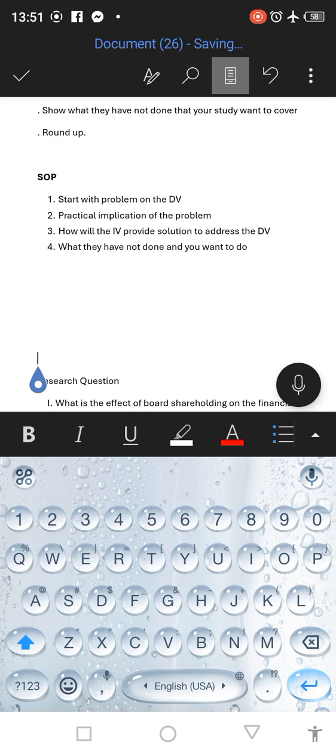Just start with the geographical scope, then move directly to the practical implication of the problem within the geographical scope. What are the practical implications of the problem you've identified? Then simply talk about how the independent variable will provide a solution to address the problem of the dependent variable. Like in our introduction, you are not defining, just show how.